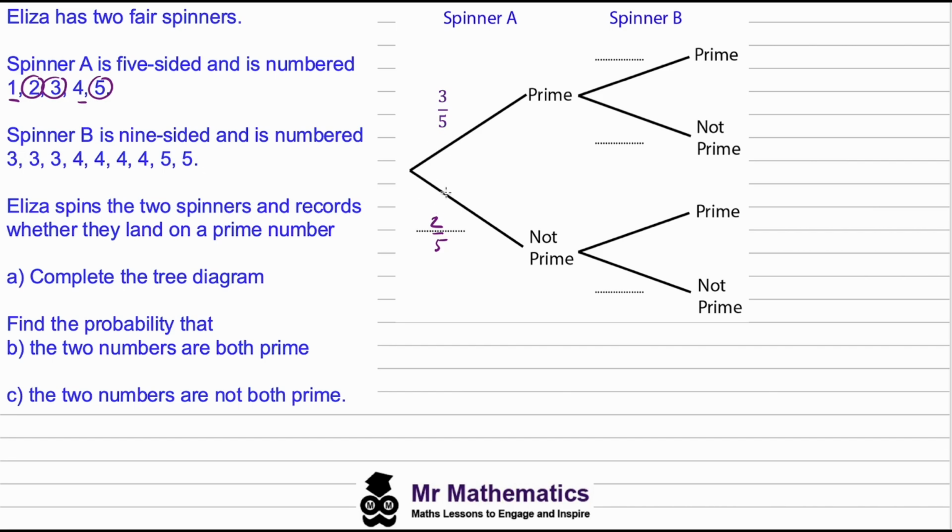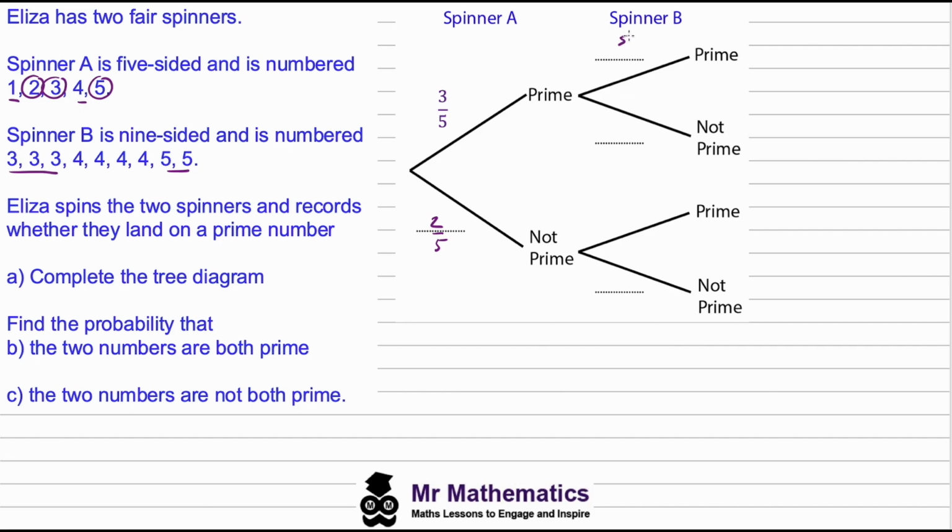And then it doesn't matter whatever we get on spinner A, this has no effect on the separate spinner, spinner B, because these two events are independent. So spinner B, to get a prime, you can get these 3s or these 5s.